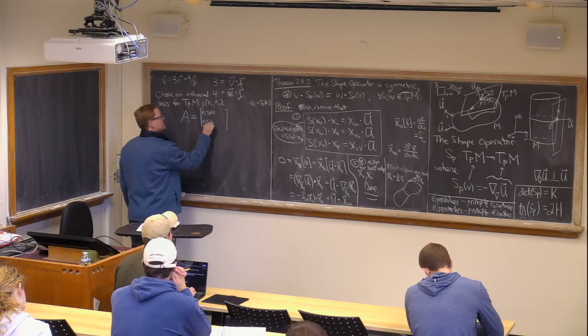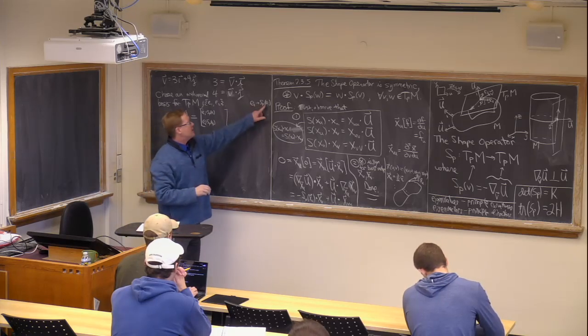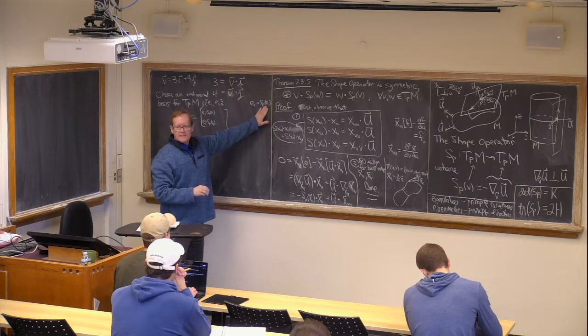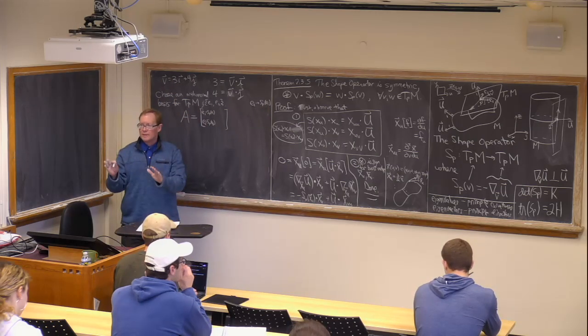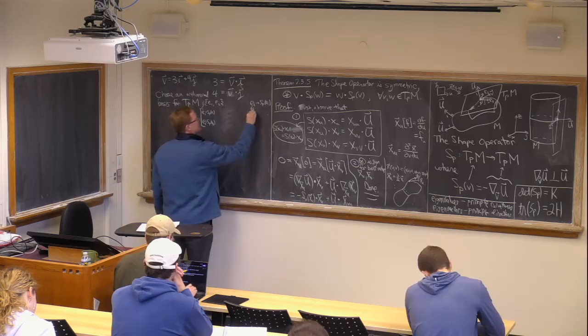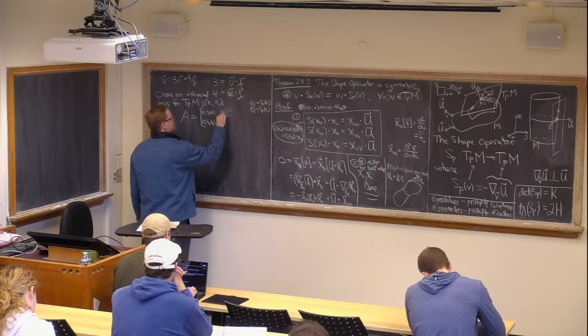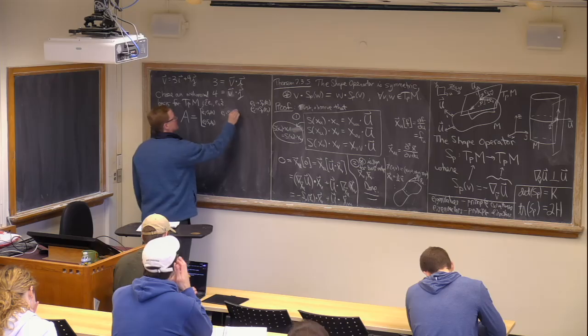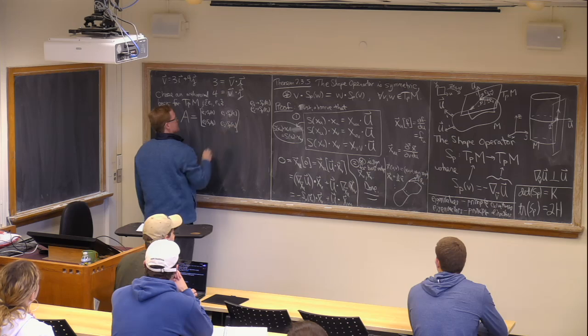You guys see what happened there? I take E1, I plug it in, I get the shape operator of E1. How many E1s is that coming out? I want to get everything with respect to E1, so I dot product with E1, because it's an orthonormal basis, and only because it's an orthonormal basis. Then I get this formula here. The same thing here for E2. When you plug in E2, I get the shape operator of E2 out. How many E1s are in that? You dot product it with E1 to get the number of E1s, and then dot product with E2 to get the number of E2s.